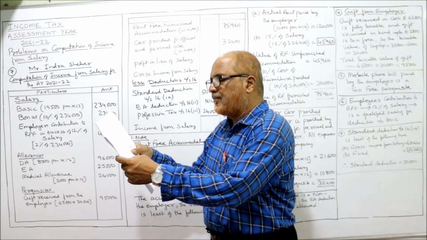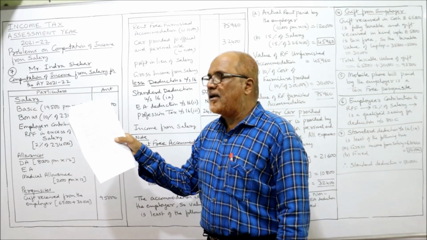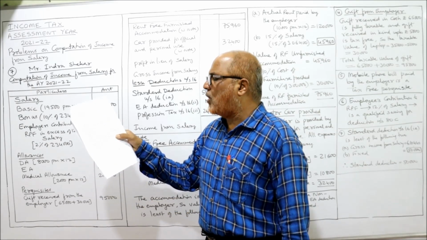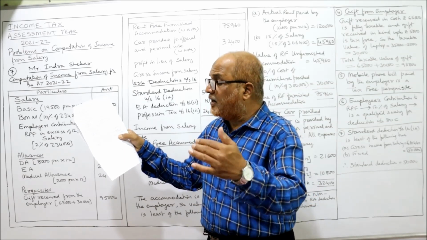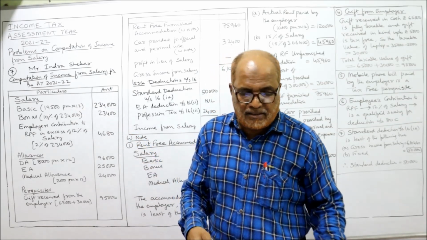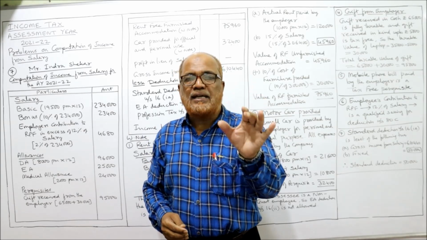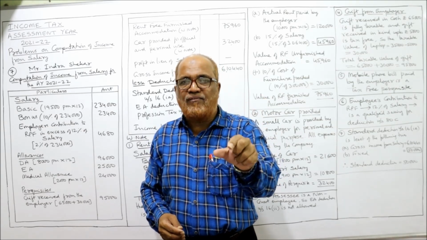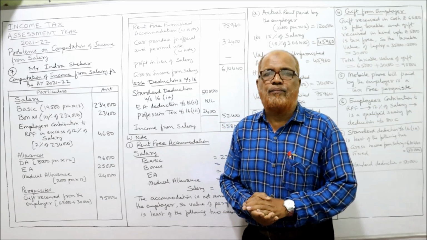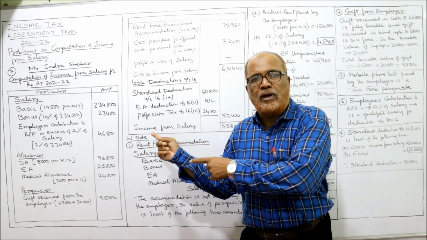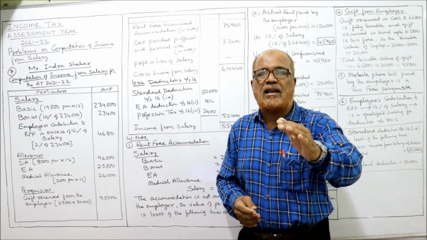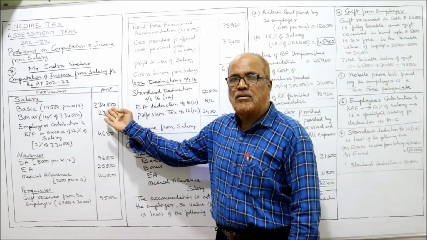Next, a small car is provided for personal and official purpose and all expenses, including the driver's salary, are paid by the company. First of all, a motor car is a taxable perquisite for specified employees only. Here, the employee is a specified employee because his salary income is more than 50,000.